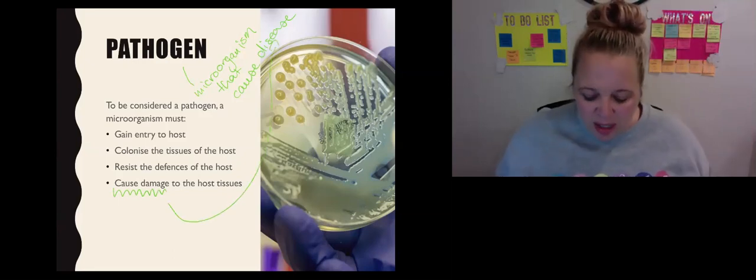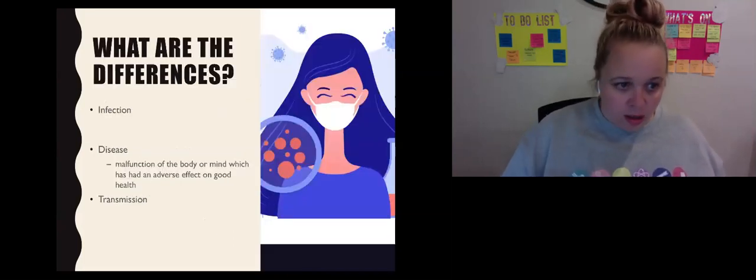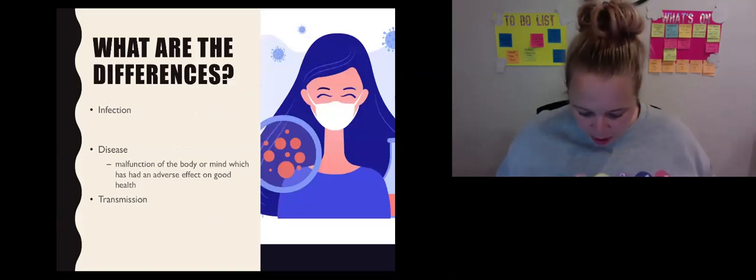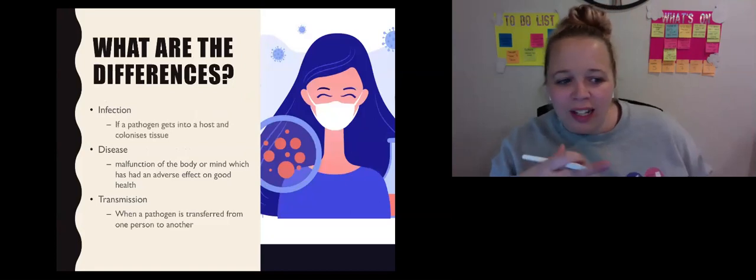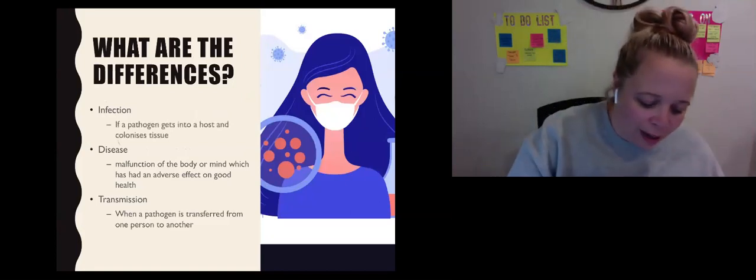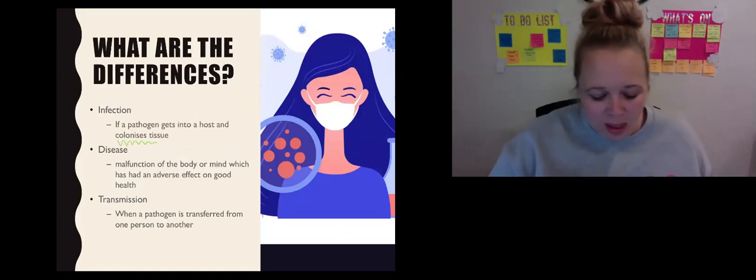So that's pretty nasty. So let's just have a look at the last 3 words here: infection, disease, and transmission. So you are considered infected if the pathogen gets in and it colonizes your tissue. Now, what does colonization mean?